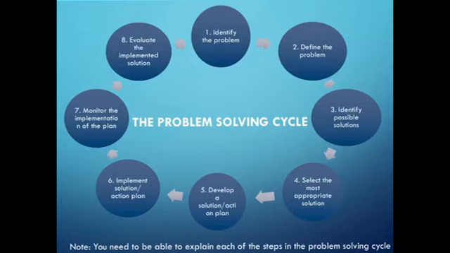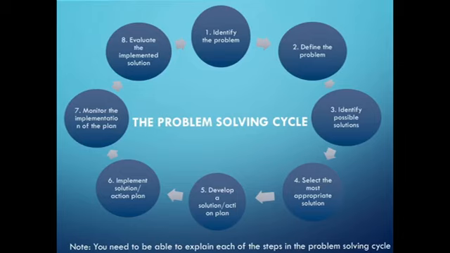And then finally, step 8 is evaluating the solution or the action plan. This process can obviously only take place after we've implemented the action plan and after some time has passed. So here we actually are determining whether we have solved the problem or not. Sometimes we solve the problem completely, sometimes we solve the problem partially. So in this process, we're going to identify what we need to do.